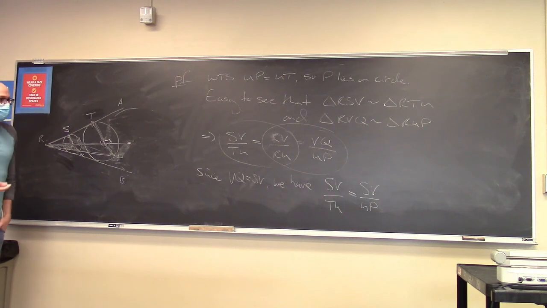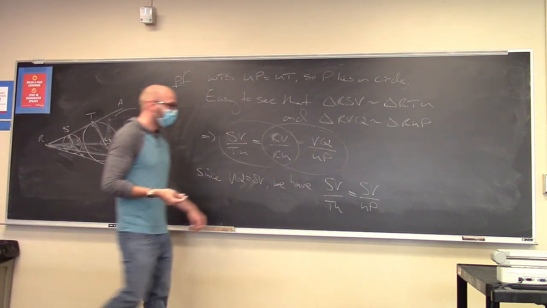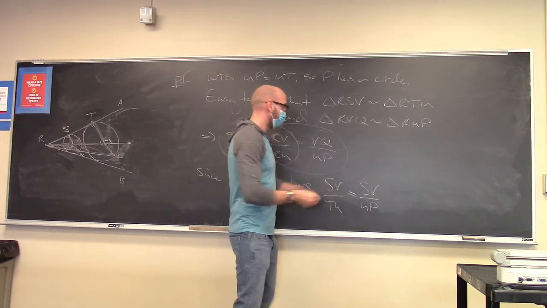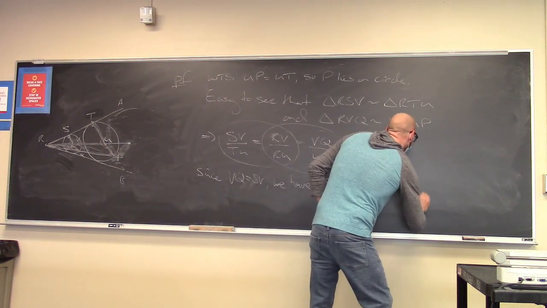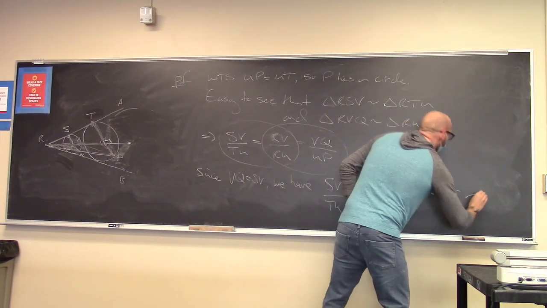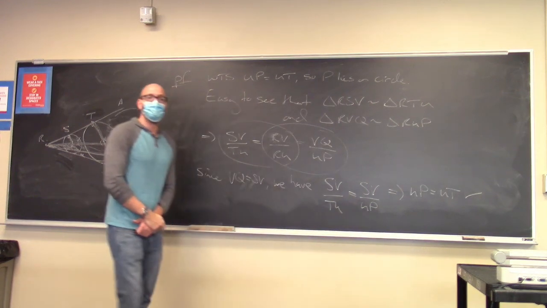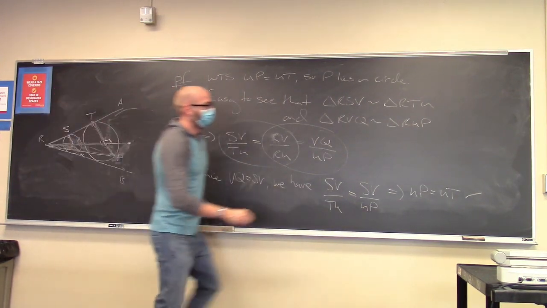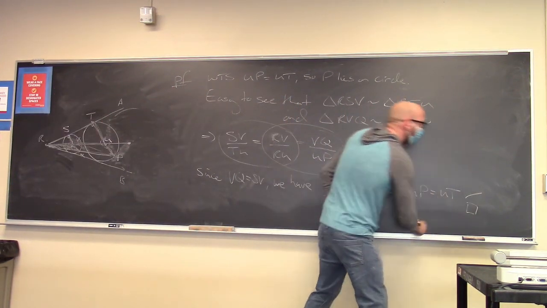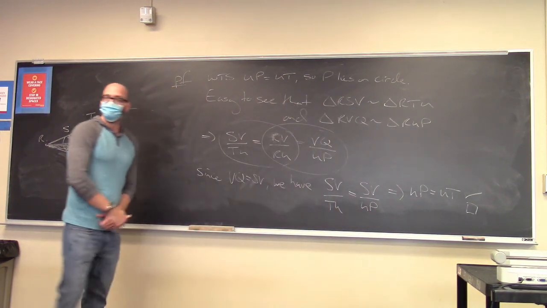And that gives us exactly what we wanted. What does this mean? Cross multiply, cancel the SVs. That means that UP is equal to UT. Exactly as we wanted. Since I called it a proof, we won't end with a tick. We'll end with a box.